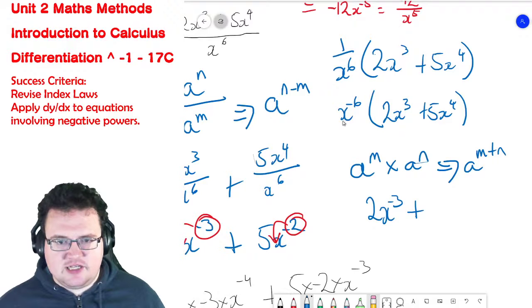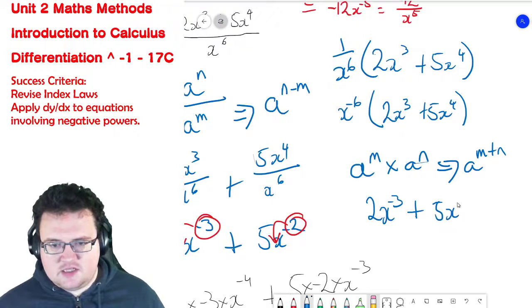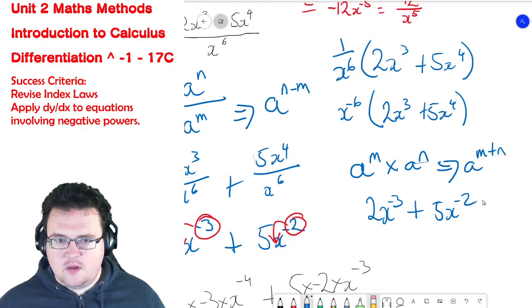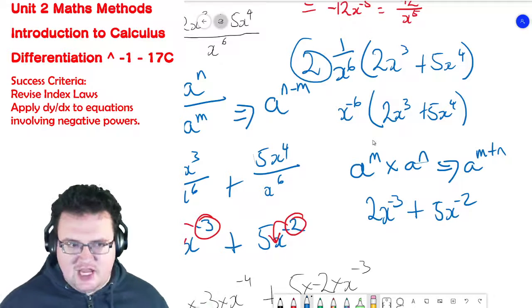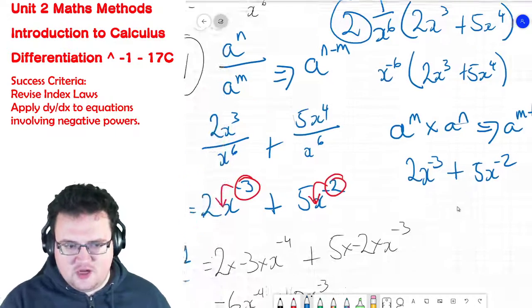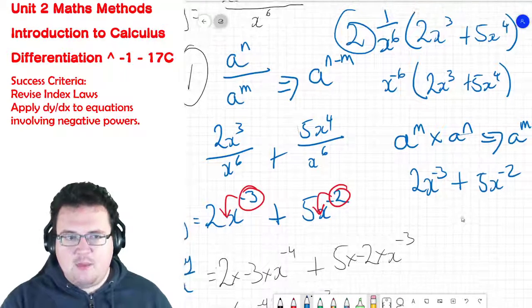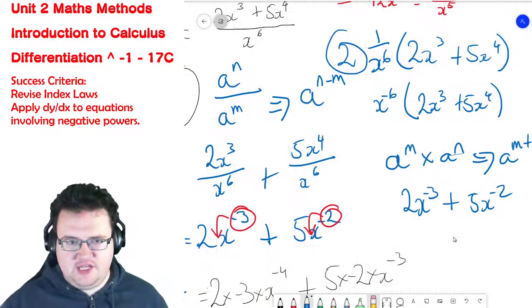And then x to the minus 6 times 5x to the 4, that's minus 6 plus 4, 5x to the minus 2. Okay, so I end up in the same place to do the rest of my stuff with, but how I get there is different, using different index laws.